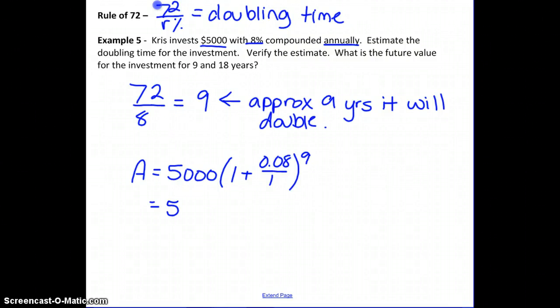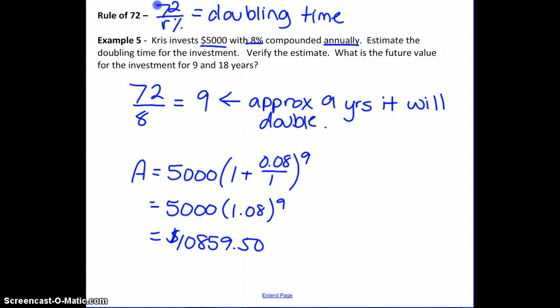So if we figure this out, it's 5,000 times 1.08 to the power of 9, and you should get a future value of $10,859.50. So you'll notice that it is just more than doubled in that time. So that's why the rule of 72 is a good estimate. Try 18 on your own, the time of 18 years.